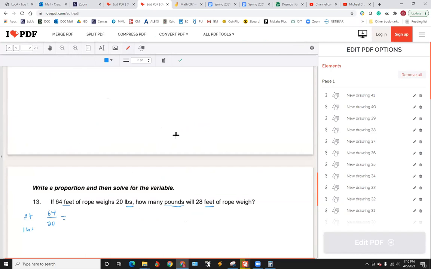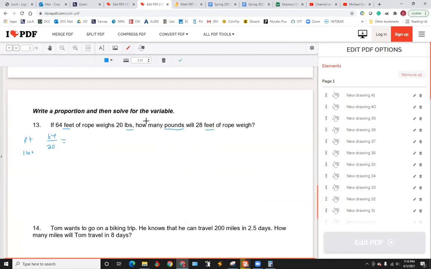Now, we need to know how many pounds. How many is X? So that's pounds. So I got to put the X right there because I don't know what the partner is to 20 in order to have 28 feet of rope.